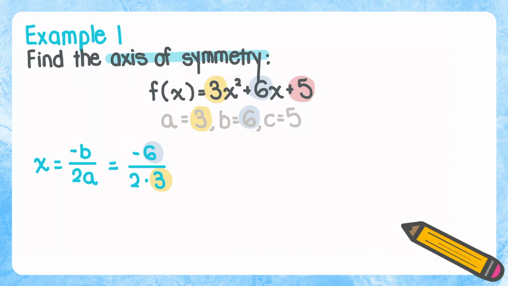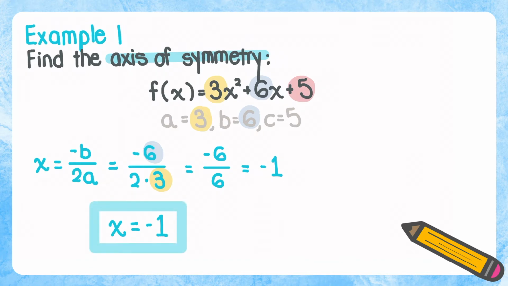Next, I multiply the denominator. So I still have negative 6 over 2 times 3, which is positive 6. I now have negative 6 divided by 6, which equals negative 1. So my axis of symmetry for this quadratic function is x equals negative 1.